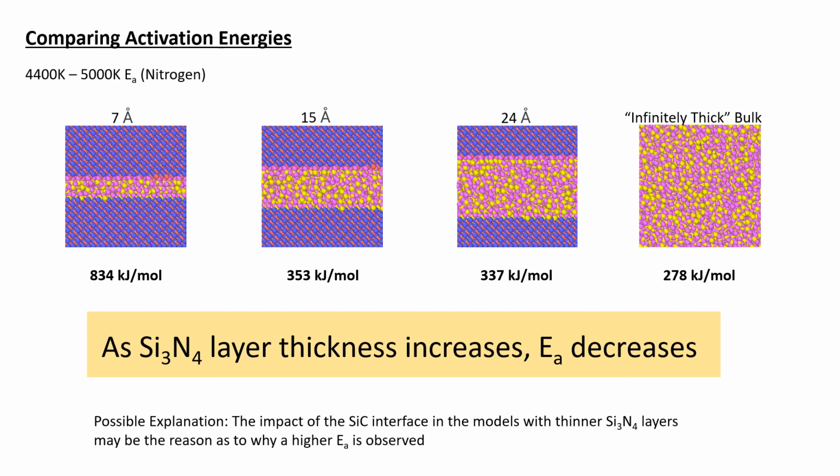So in order to disprove this or see if this trend actually continues, I am running simulations on thinner silicon nitride layers, with layers thinner than 7 angstroms and thicknesses between 7 and 15 angstroms, to see if there is at some point that the activation energy suddenly spikes down.